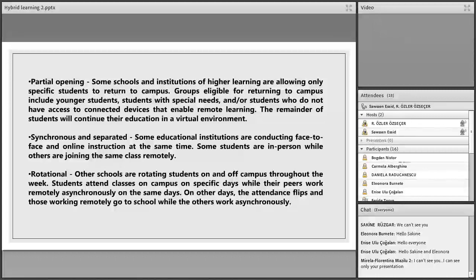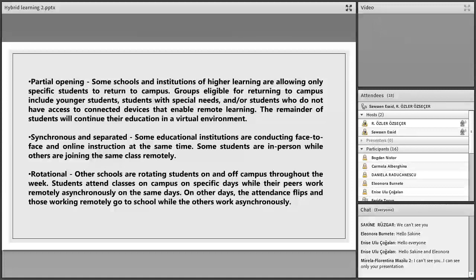Groups eligible for returning to campus include younger students, students with special needs, and students who don't have access to connected devices that enable remote learning. The remainder of students will continue their education in a virtual environment. We call this partial opening. Some schools are adopting this kind of model.